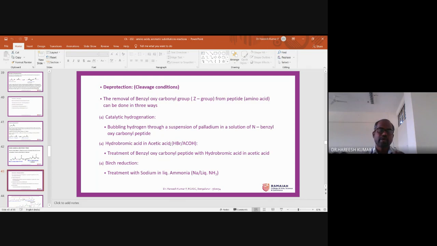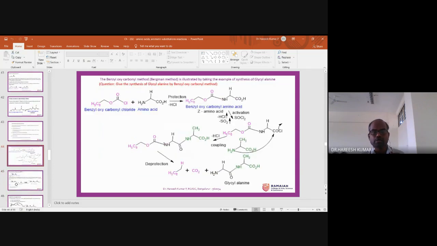So this is about one amino protecting group, the benzyl oxycarbonyl group: its preparation, its protection, and its deprotection. With this, I will go to the next amino protecting group, which is called BOC.